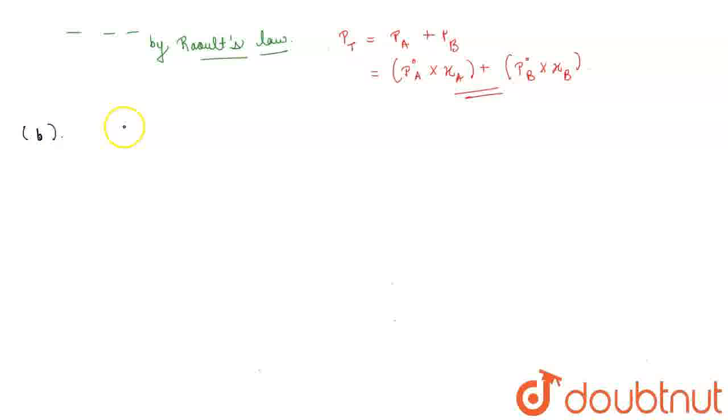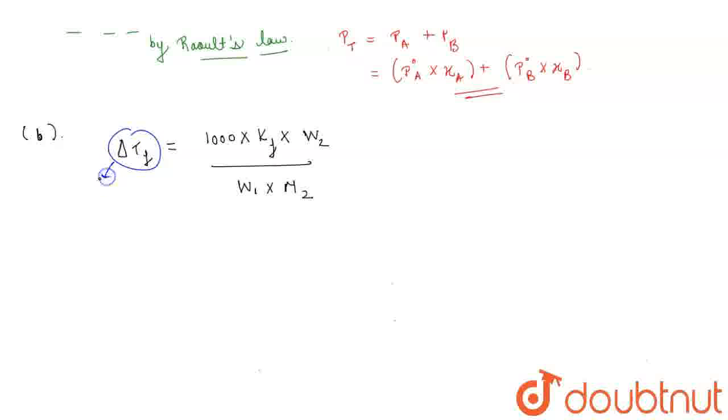Now, using the formula for the depression in the freezing point to calculate the molar mass of the solute, the formula is delta Tf equals 1000 into Kf into W2 divided by W1 into M2. Clear? So in this formula, delta Tf represents the depression in the freezing point.